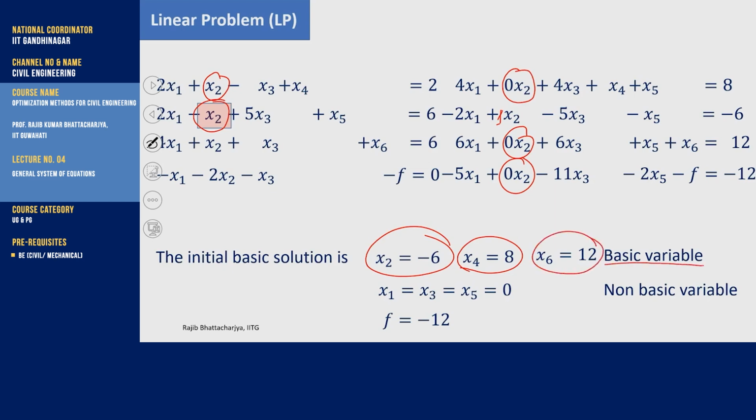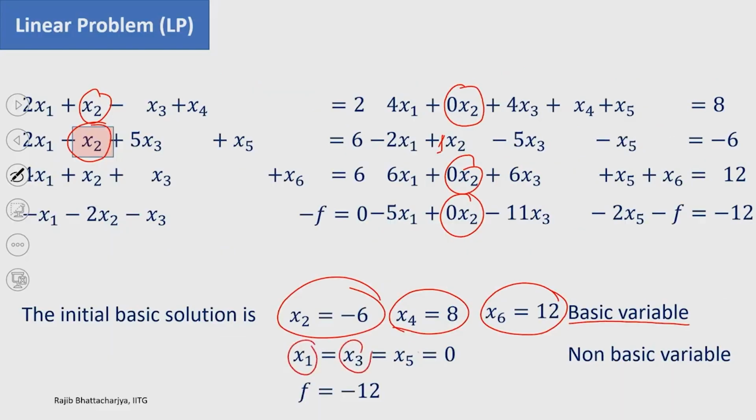So, these are basic variables, and the non-basic variables are x1, x3 and x5, which are equal to 0, and f equal to minus 12. So, we are getting improvement, but what is the problem here? Here this is not acceptable. Okay. All variables, that is x1, x2 and x3, should be positive, but in this case we are getting x2 equal to minus 6. Therefore, this is not a feasible solution.